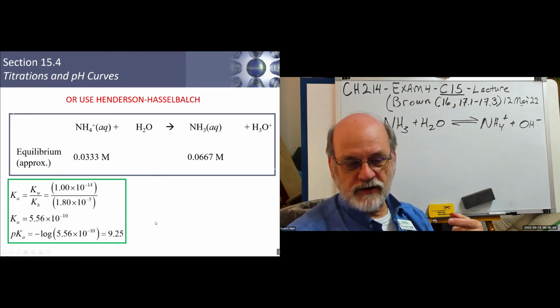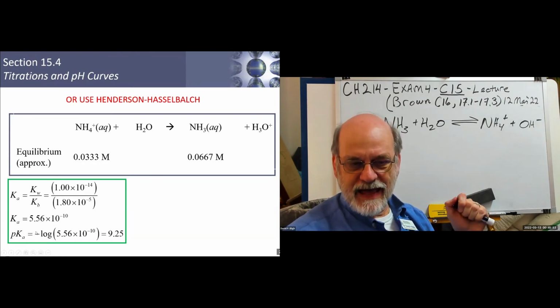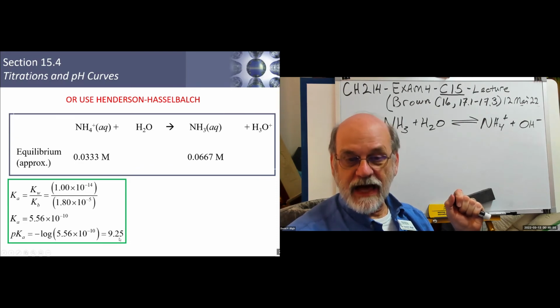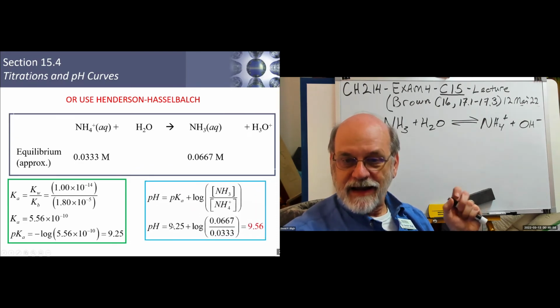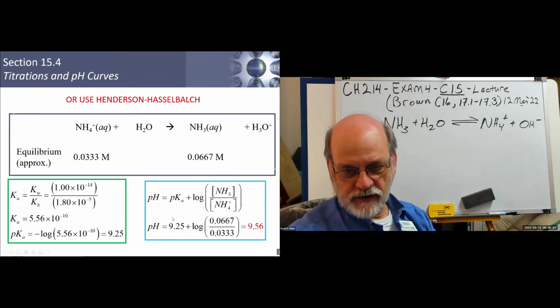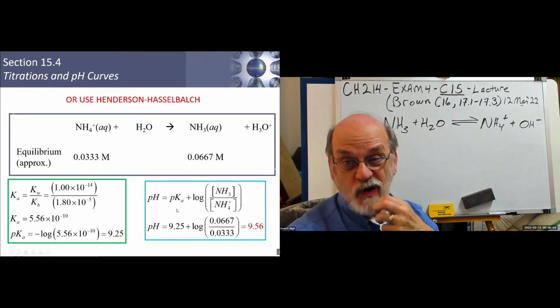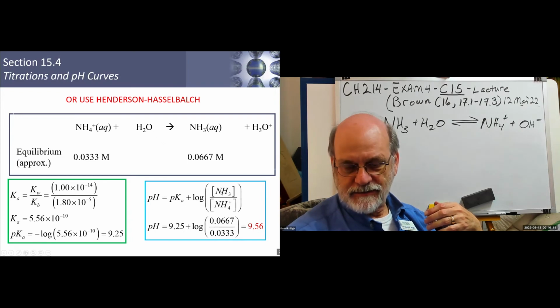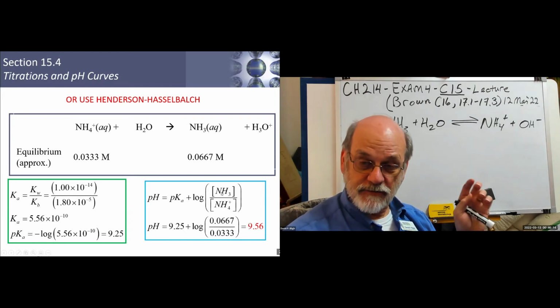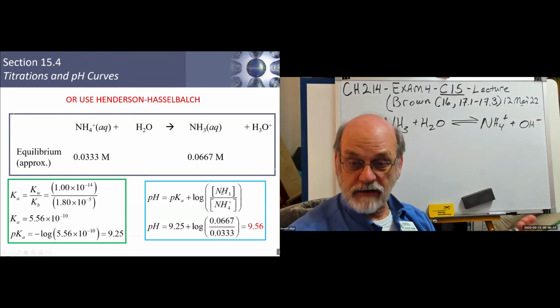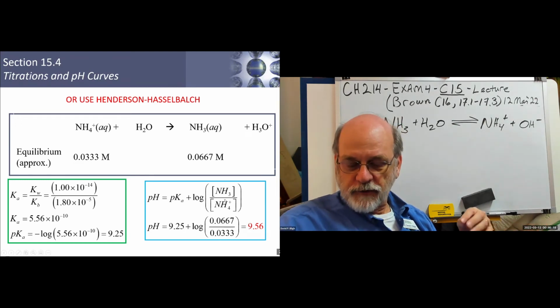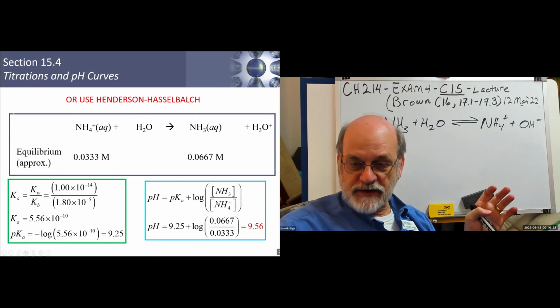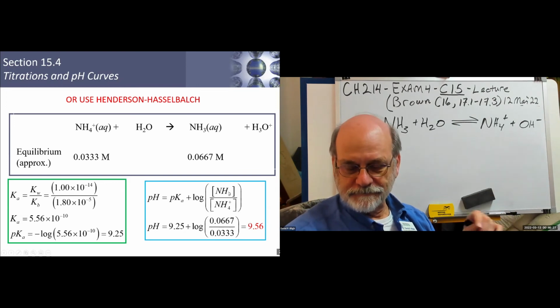Now we can use Henderson-Hasselbalch. The pKa for that K is 9.25. We also need to know the values for the acid and the conjugate base. The conjugate base for acids would usually be a negatively charged species. But for this reaction, the acid is the charged species, the ammonium ion, and the conjugate base is the uncharged ammonia.